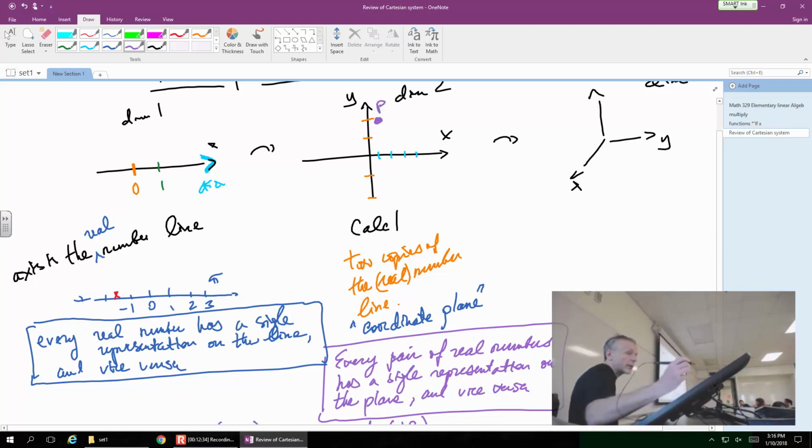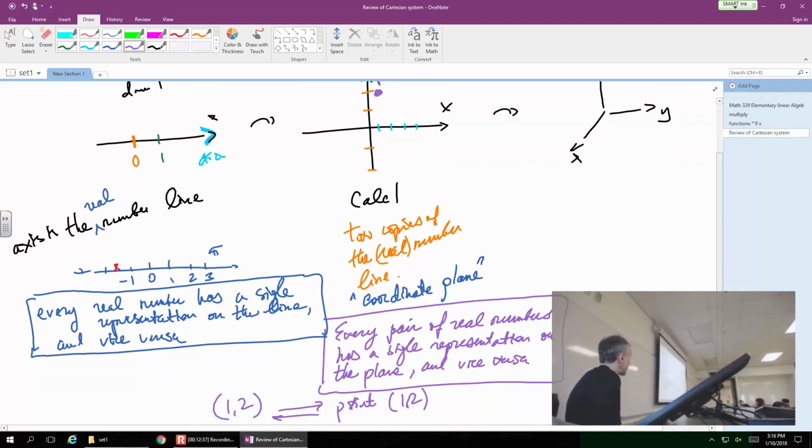Call it point P. But you should realize that we are repeating the same procedure as in 1 dimension. So given a real number, we find its location. How do we find that location? Either we use the markings, or we use the markings initially, and then we use subdivision to find the smaller ones, like where is 1/2? Well, halfway between 0 and 1, and so on.